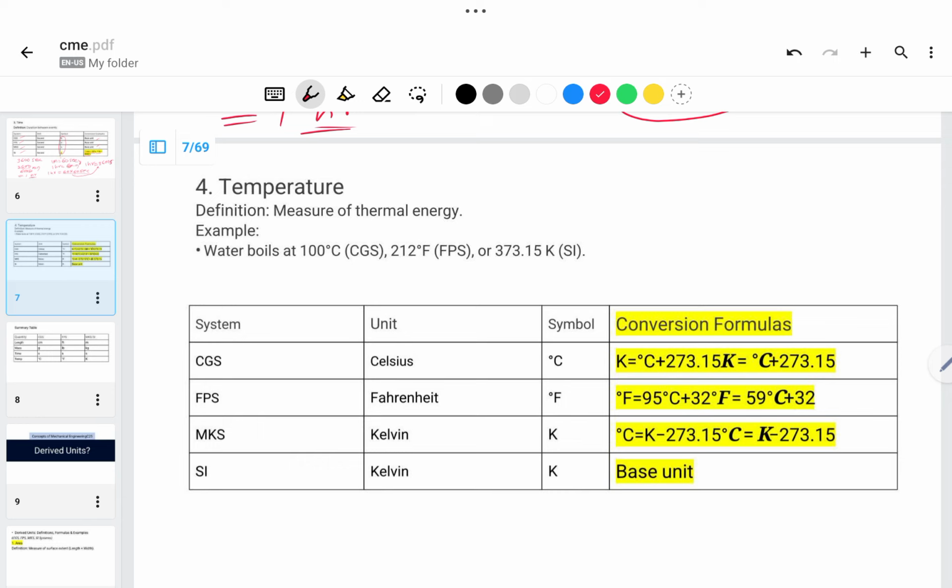In CGS you are using the degree Celsius, in FPS the degree Fahrenheit, in MKS the Kelvin, and in the international standard also the Kelvin. Most of the time you are going to read the temperature in degree Celsius, but you utilize the Kelvin only for the calculations.